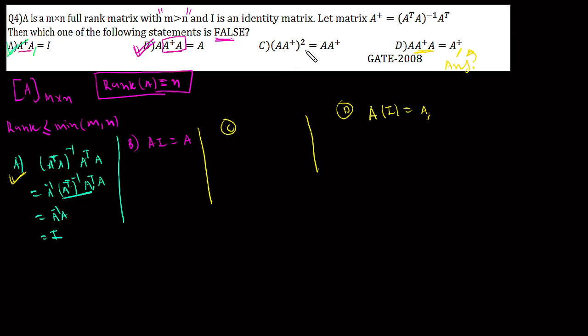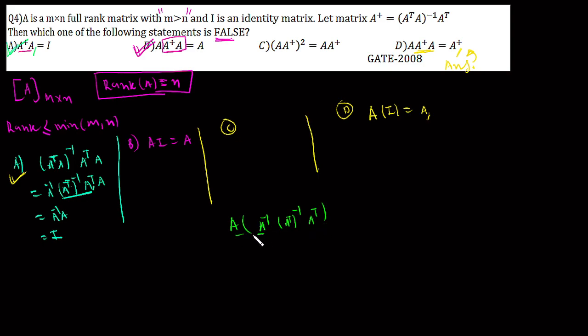We have to multiply this matrix A with A plus. So let's write A here, and expand this inverse applied to the individual terms. I can write A inverse times A transpose inverse and A transpose as it is. Now let's multiply these.